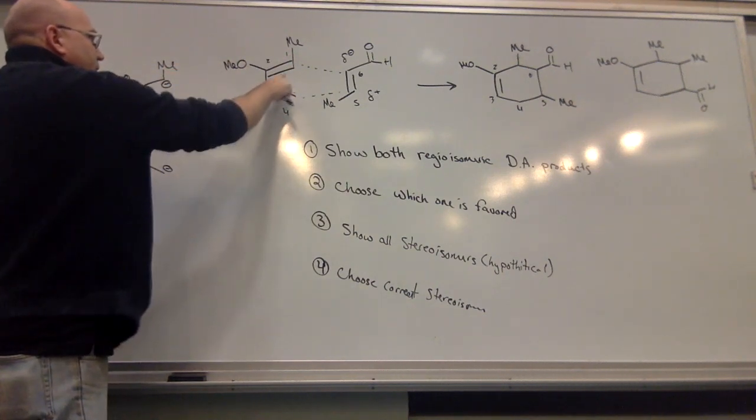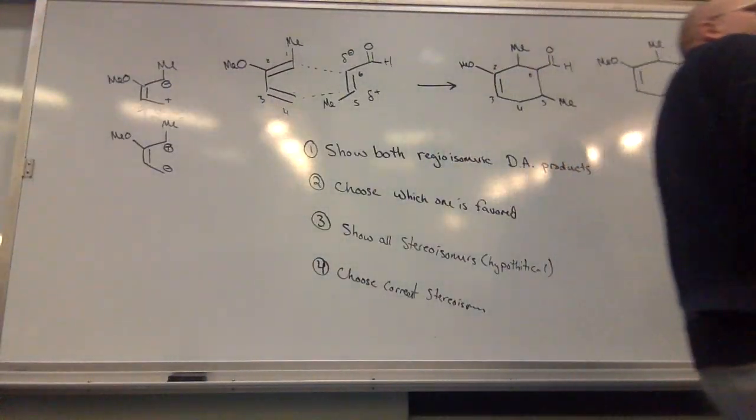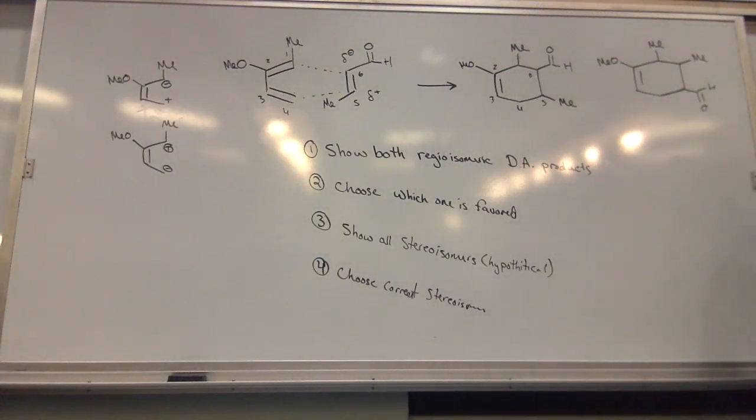Hold on. There could be other resonance forms here. These are the extreme examples, the two where we basically have a positive on one side and a negative on the other. I think the question we want to ask here is of these two, and this is tough.